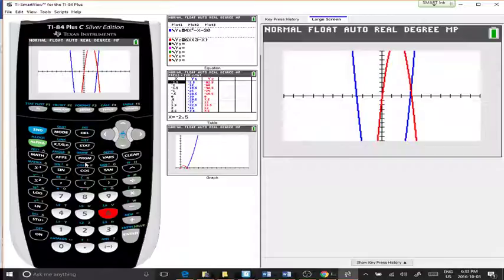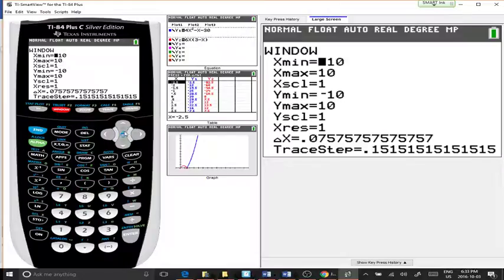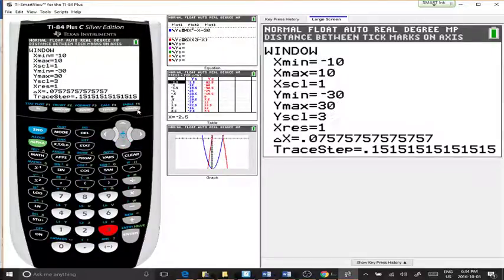My x values are fine, but my y min and y max have to get bigger. So I'm going to go to my y min. Not really big, but big enough. Let me make that negative 30. I'm going to make this positive 30. I might as well go up by 3s here. And then hit graph again.